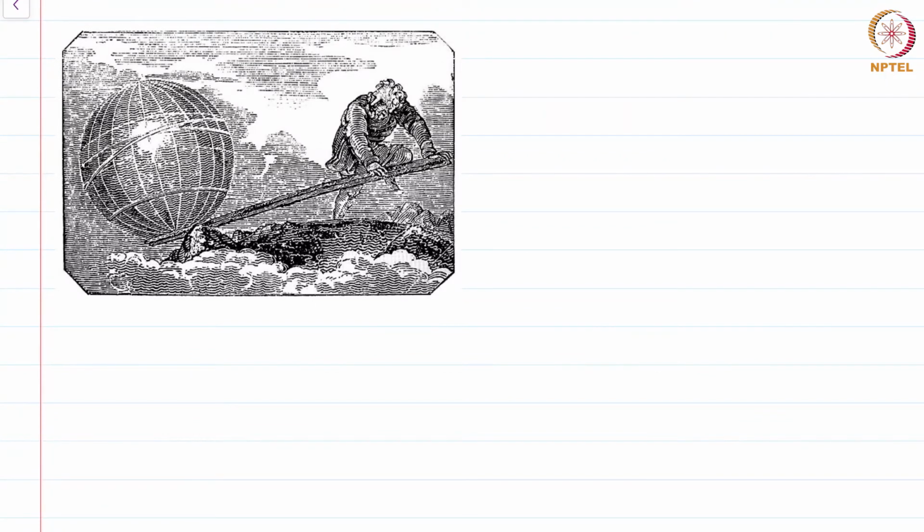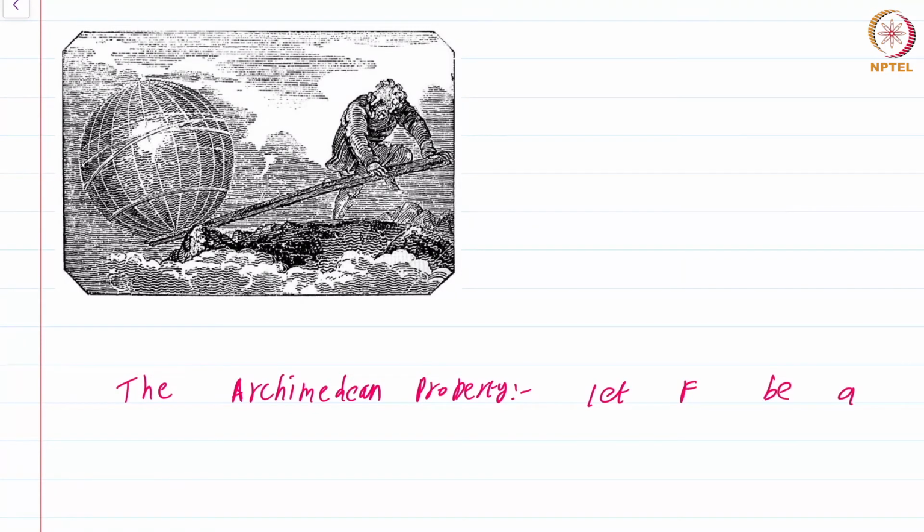The next theorem, known as the Archimedean property, illustrates this phenomenon in a complete ordered field and is named in his honor. The Archimedean property. Let F be a complete ordered field.